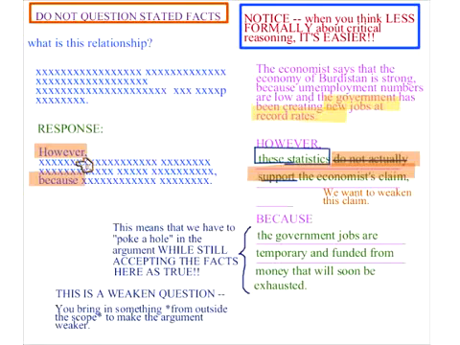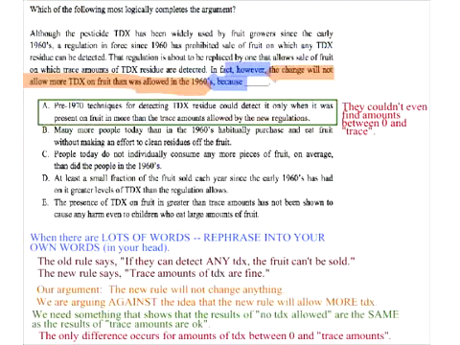Also remember that weaken and strengthen are basically the same thing if you just consider the opposite claim. So there's not a hard line difference between those things. What I mean by that is, weakening X and strengthening not X are the same.